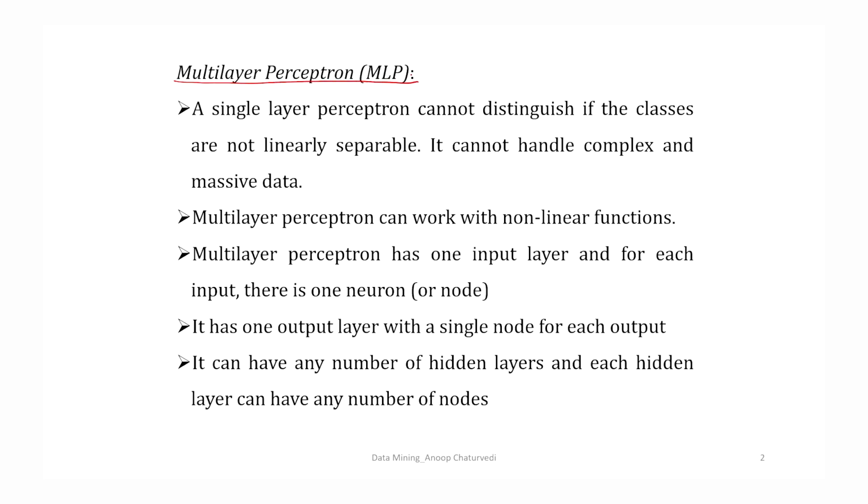A single layer perceptron cannot distinguish if the classes are not linearly separable, and it cannot handle complex and massive data. If you have massive data and the relationship between input and output variables is not so simple, it is quite complex, then single layer perceptron cannot handle this kind of problems.